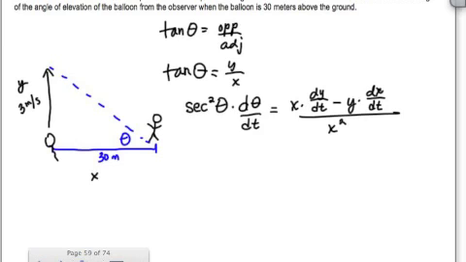Yes? I have a general question. Guys, listen. When we did just normal derivatives, we never had to do dx over dt. Your clue comes from the problem that this is a related rates problem because it says 3 meters per second.